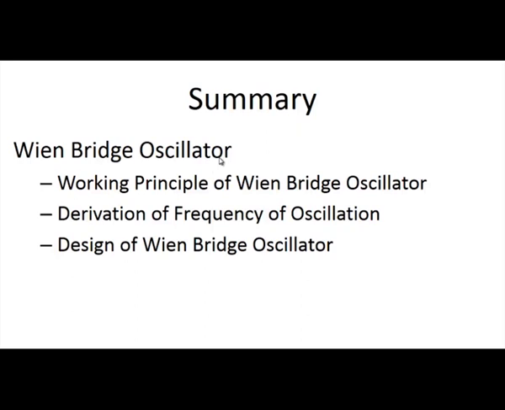So, we have discussed the basics of an oscillator: we have an amplifier on the input side and a feedback network. The amplifier takes the noise as the input signal initially, and it gets amplified and produces the output as the product of the gain of the amplifier and the input.